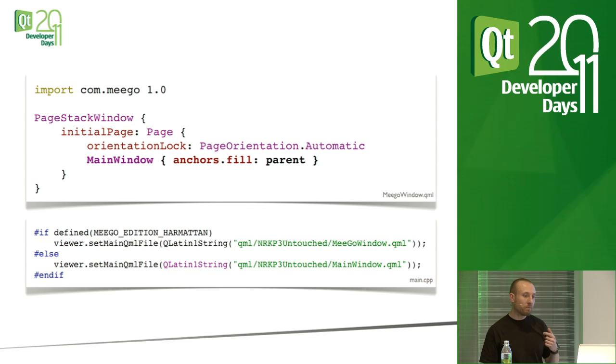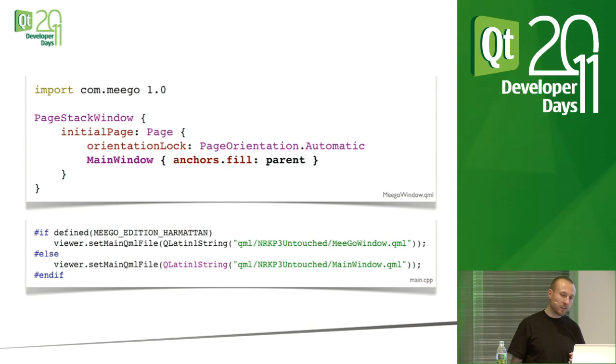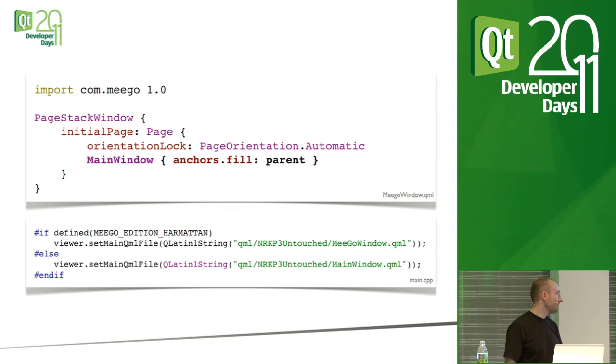On MeeGo, we embed that into a page in a page stack window. So you can see in the bottom piece of code how we load the different files based on the platform. So that's our way of working around the problem. It's okay, it's a little bit ugly. I don't like ifdefs if I can avoid them, but in this case, we couldn't.